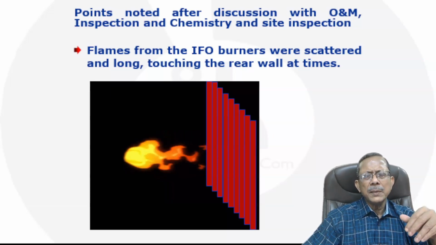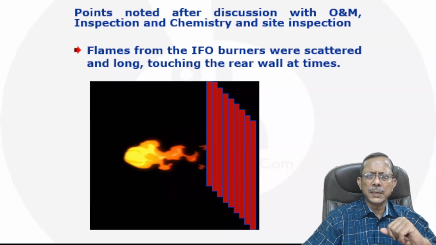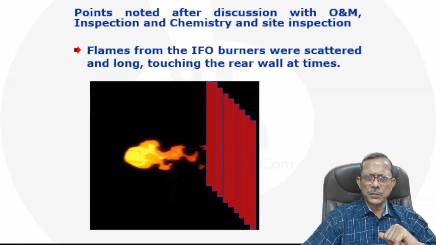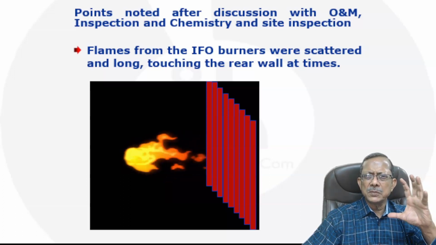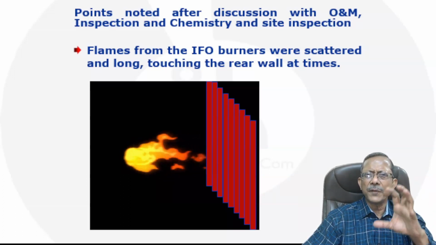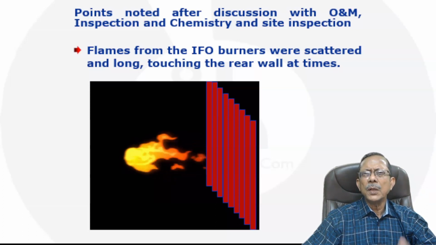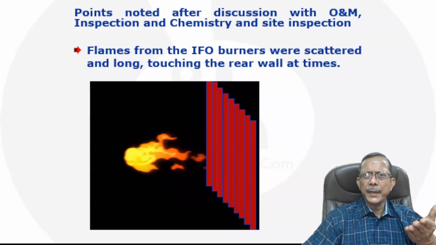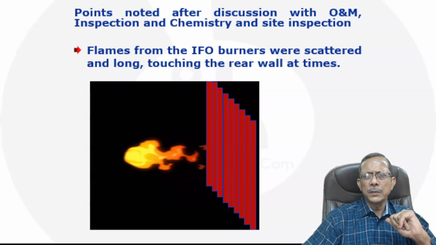When I asked them, they said, sir, if you see the 230 load condition, at that time the flame is always touching the rear water wall. So they are getting a very concentrated heat flux on the rear water wall, and that clearly indicates why overheating is there. So I found the overheating cause here.